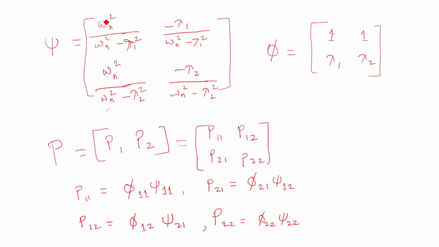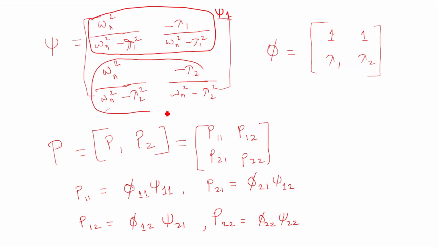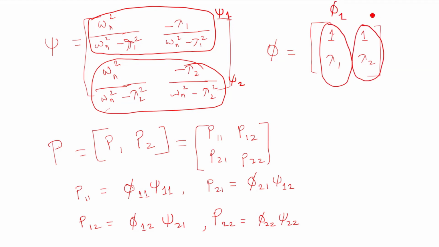Now your psi will become omega n square by omega n square minus lambda 1 square, minus lambda 1 by omega n square minus lambda 1 square. This is your psi1. This is your psi2, right? And this is your phi1. This is your phi2. Okay.